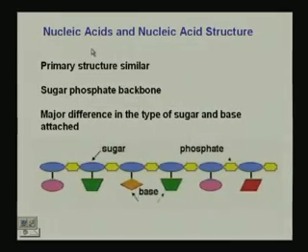In considering nucleic acids and nucleic acid structure, we considered the sugar phosphate backbone. This is the primary structure, or the primary idea of how the nucleic acids are formed. The backbone is comprised of sugar and phosphate, and we have specific bases attached to the sugars.